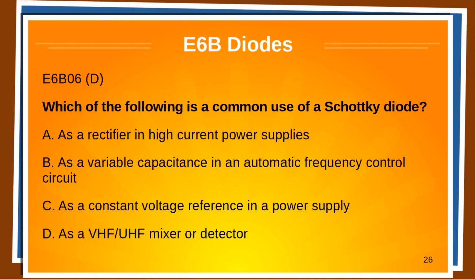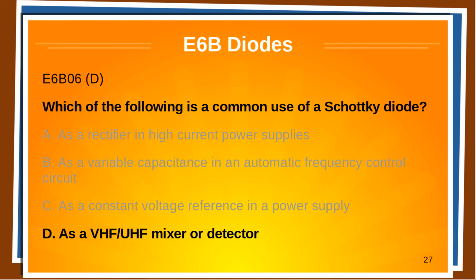Which of the following is a common use of a Schottky diode? No. VHF, UHF. It says that's been withdrawn. It said what? This question has been withdrawn. Oh, really? E6B Diodes. Yep. Oh, good. You don't have to know it. What's the answer anyway? It doesn't say. Well, I'm thinking UHF mixer.